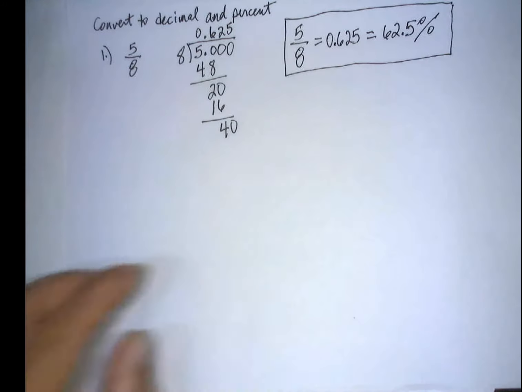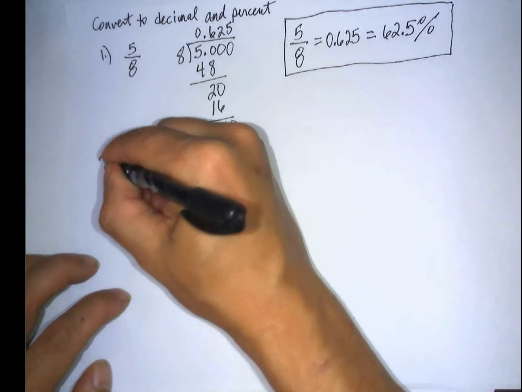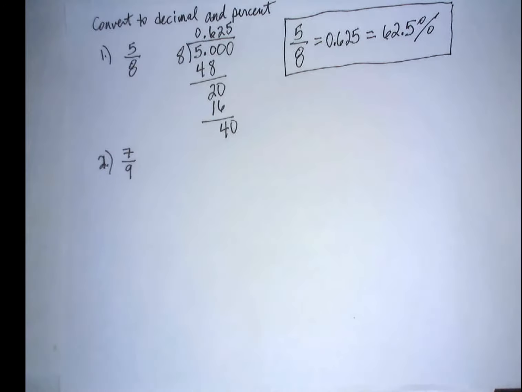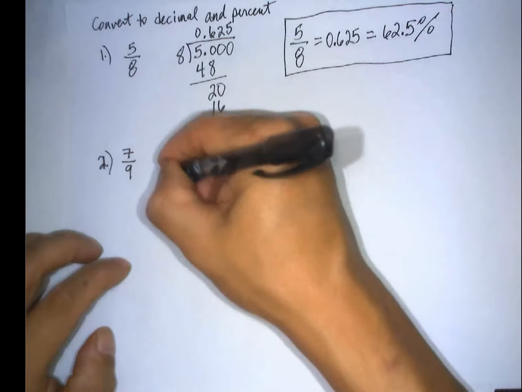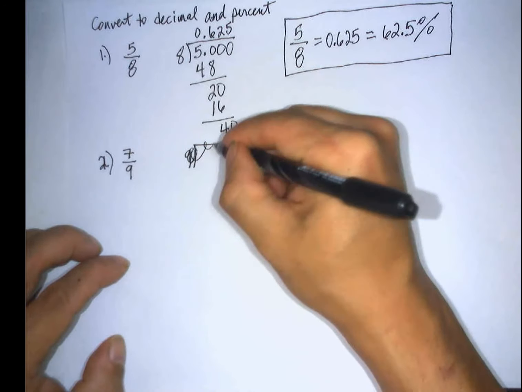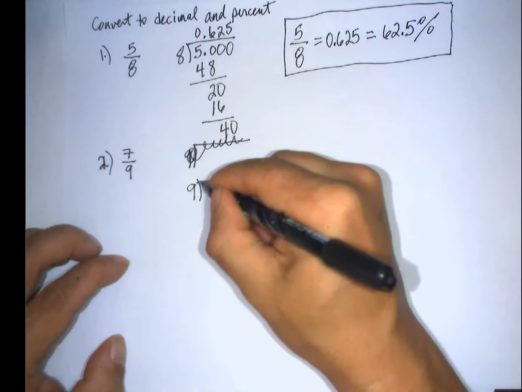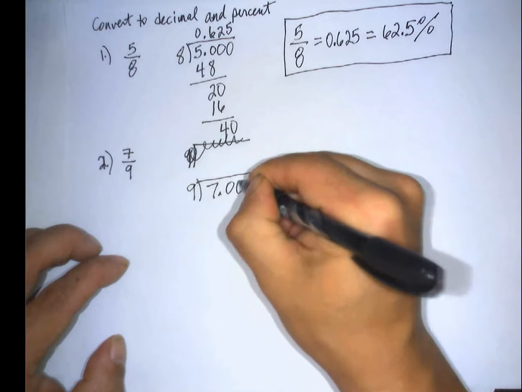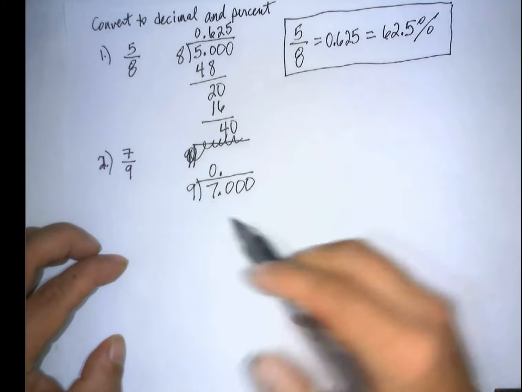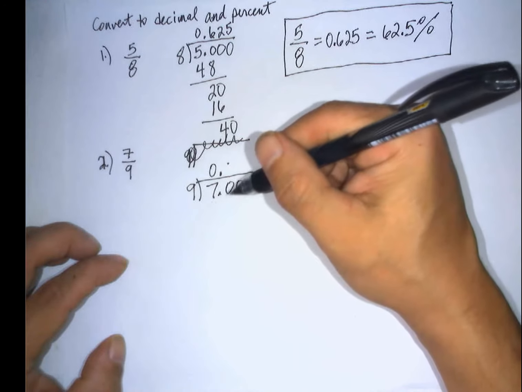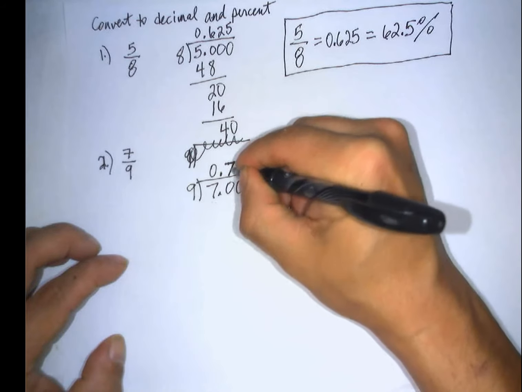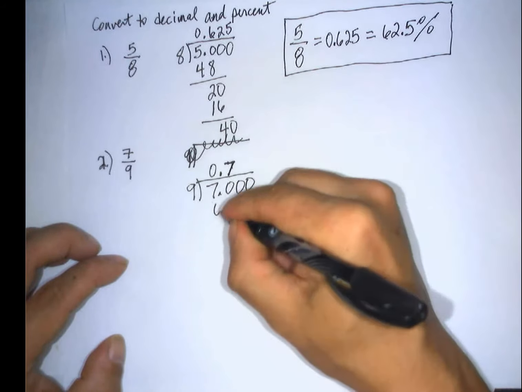All right, let's try a little harder one. Let's try 7/9. So we're going to take 9, because it's on the bottom, and it goes on the outside. Okay, 9 goes into 7 no times. But 9 goes into 70 7 times. 7 times 9 is 63.